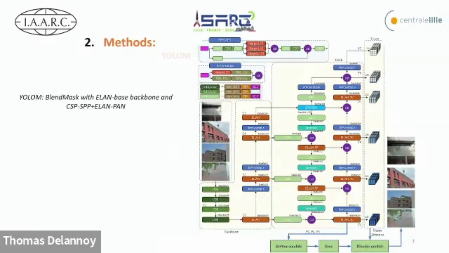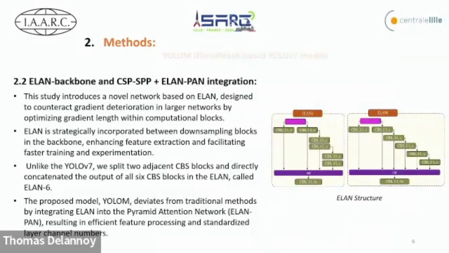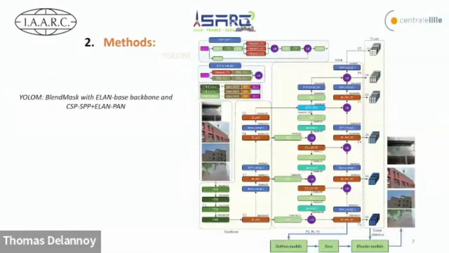It is the whole framework of our YOLO-M: a BlendMask with an ELAN backbone, SPP, ELAN, and then PAN. PAN is the Pyramid Attention Network. Like the BlendMask framework, we have a backbone, then a bottom module and a blend module, but the whole inside is YOLO version 7.